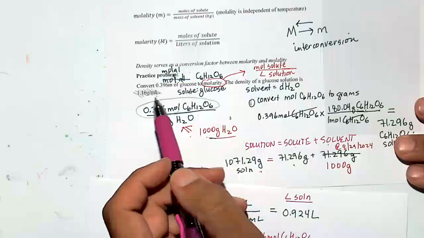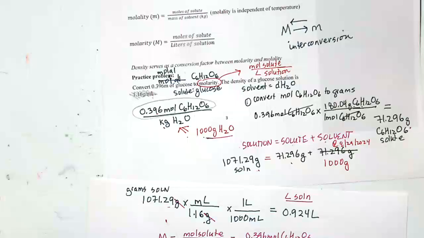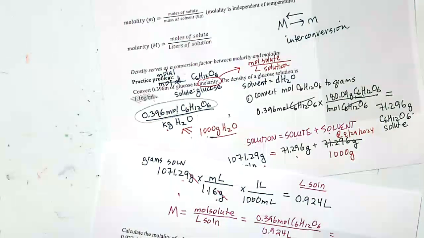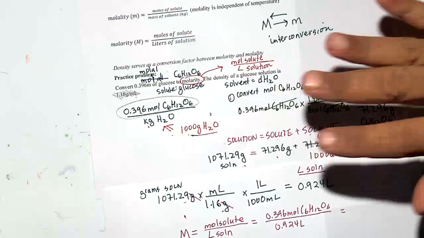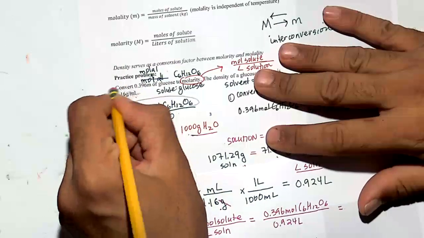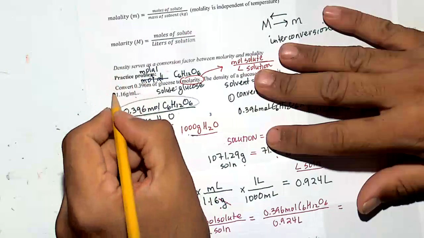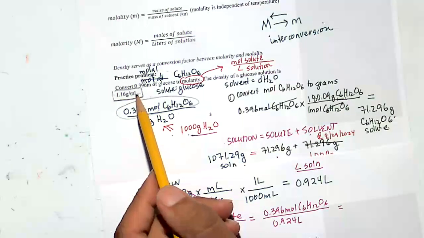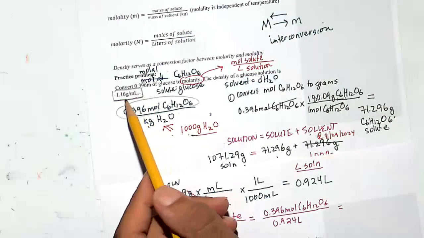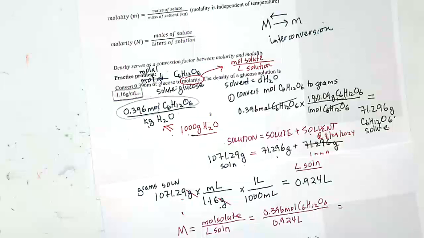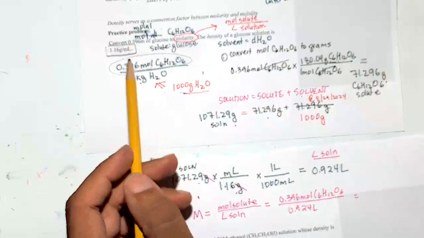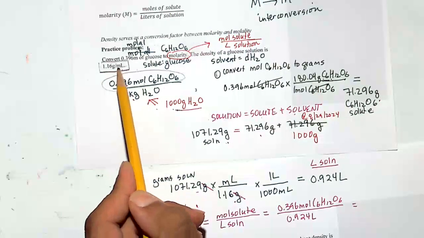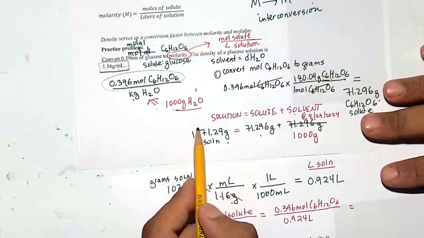So the density is 1.16 grams per mL, right? It's given to us in the problem. So this is the density of the solution. But we just calculated the grams of the solution.